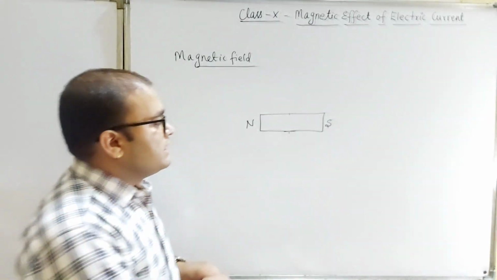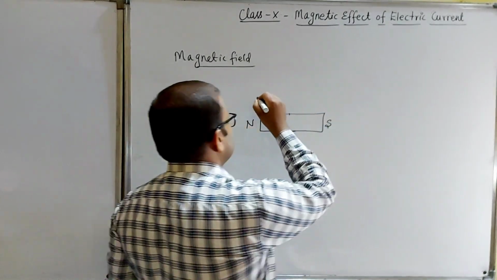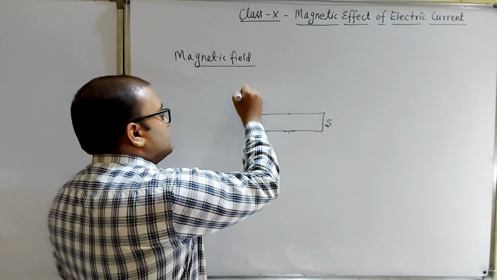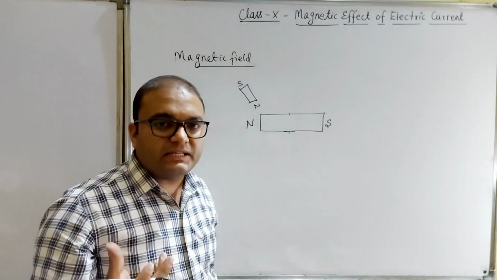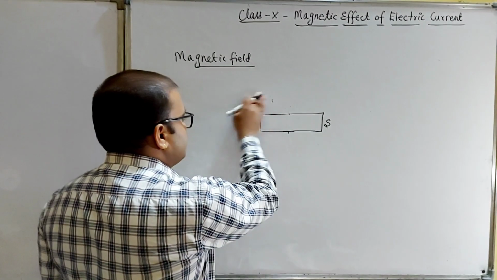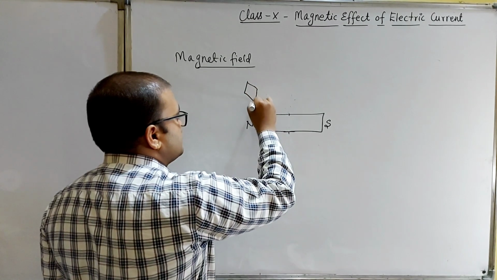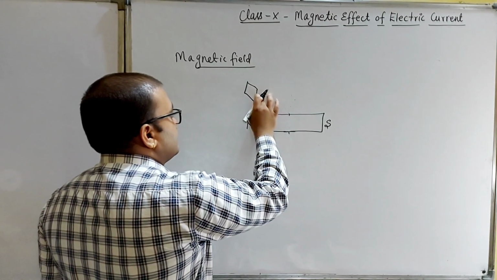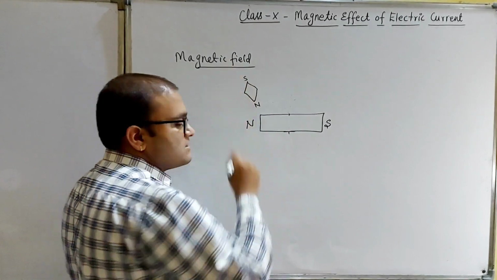Means how? If we place any another magnet here, north pole, south pole, or we can place a compass needle. Suppose I place here a compass needle, you know very well. Suppose this is the north pole and this is the south pole.